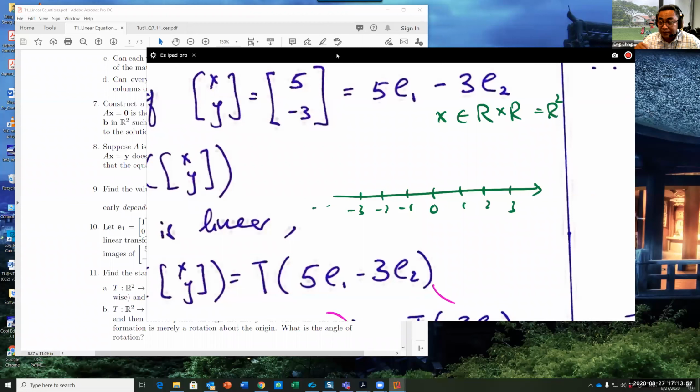What does that mean? What does R times R mean? So it is a coordinate system. R times R means we introduce one more line perpendicular to the first one, and this is also R. So this is minus 1, minus 2, minus 3. R times R is a coordinate system with two axes. There are two elements. If I want to represent an element here, it will be 2 colon 1, two elements.